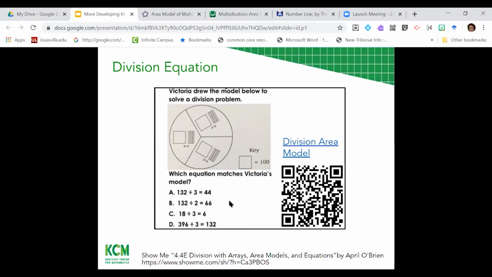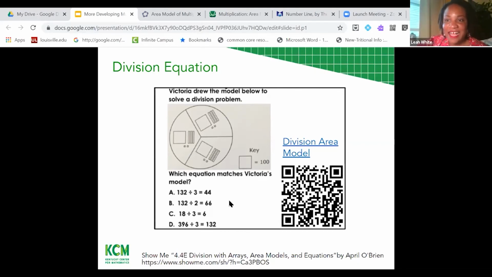I just looked at the answer choices and thought, wait a minute, they're all division. I see 132 in each group, so I immediately went to D because it was the only one that fit. I didn't even figure out that there were 396 altogether. I didn't have to do that.